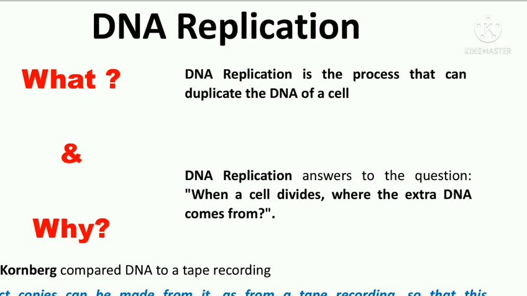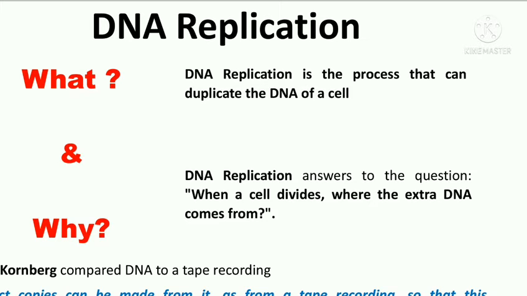This means that when an organism is going to divide, it duplicates its genetic material, the DNA, before the division. Before the division, it ensures that its genetic material is divided equally into its daughter cells.